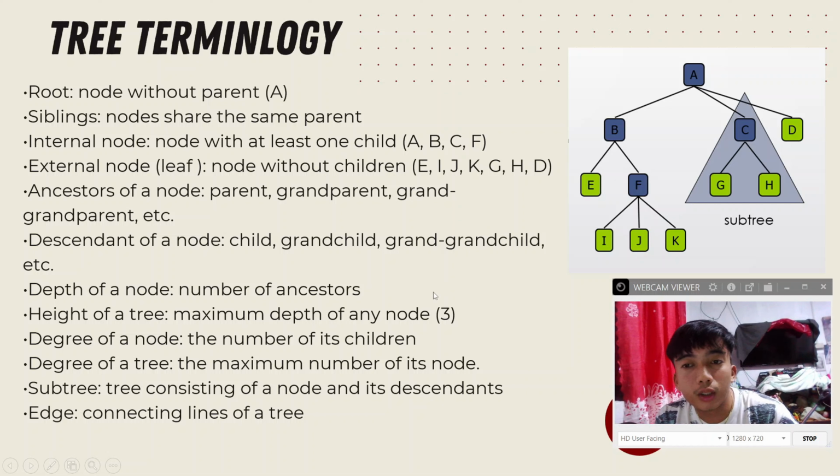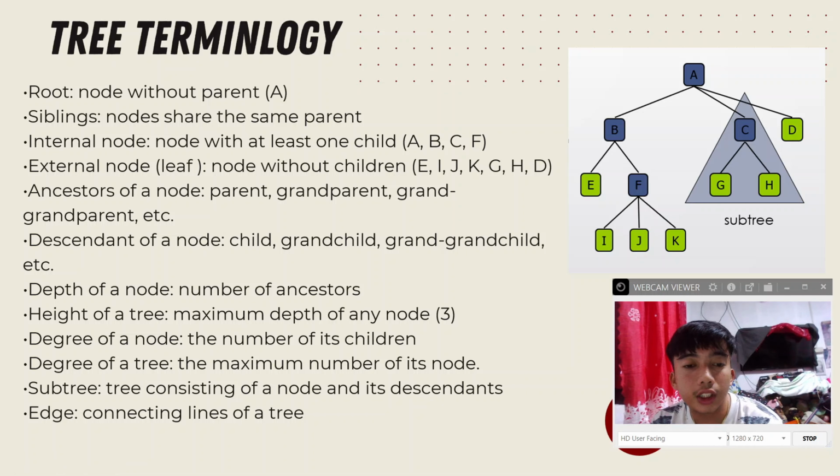For example, the degree of node C is 2 because it has 2 children. The degree of a tree is the maximum degree of its nodes. Subtree: a tree consisting of a node and its descendants. Edge: edges are the connecting lines of a tree. These are the connecting lines of a tree.